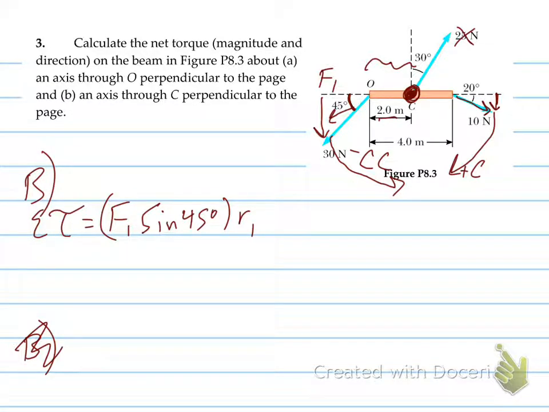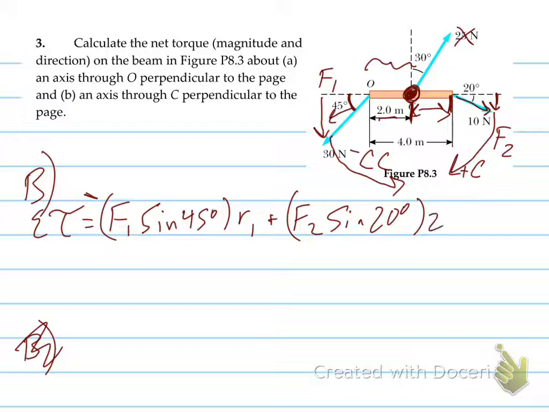Again, we're going to make that negative when we put in our numbers. So plus our F2, if we call this F2, times the sine of 20 degrees, that's our force, times the distance away from the point of rotation, which is 2 meters, and that will get us our net torque.